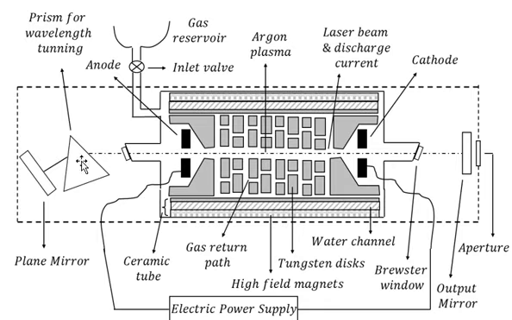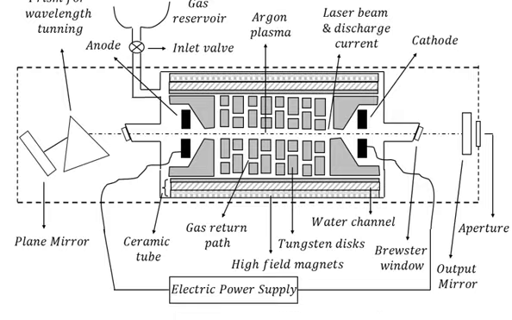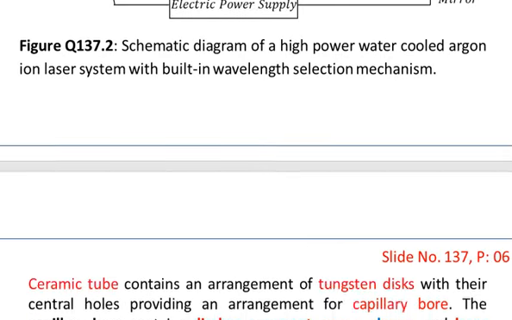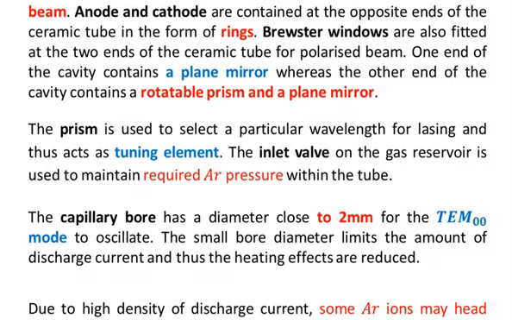So that's why both will be rotated simultaneously for the selection of the desired wavelength. The prism is used to select a particular wavelength for lasing and thus acts as a tuning element.